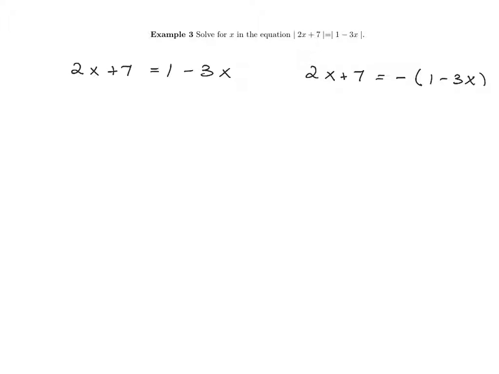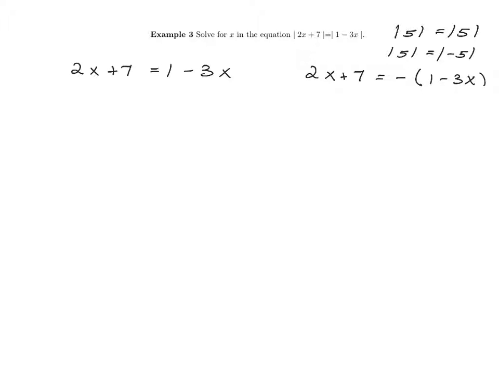I used 5 as an example, but what I mean is the absolute value of 5 is equal to 5, so that's like my first equation where I'm just setting the two things equal to each other. And in the second one, the absolute value of 5 could be equal to the absolute value of negative 5, where I'm taking one side and leaving it alone, and I'm making the second side the negative of what we start with.